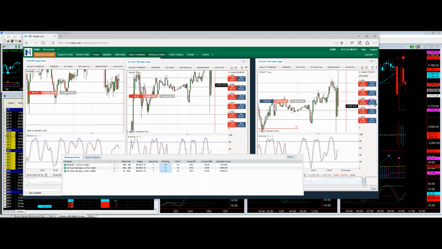This buy price has to get to 15. Okay, over here, this buy price has to get to 15. And I'm expecting it to at least come back and take out that low at 47.68. That's my expectations.